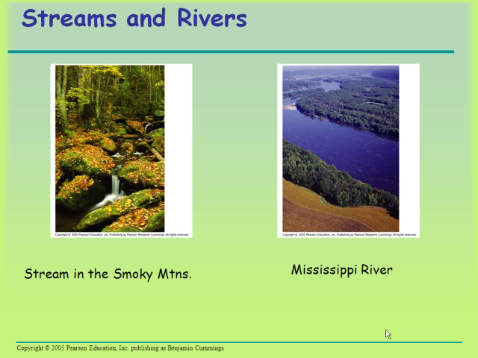Farther downstream, where numerous tributaries may have joined forming a river, such as the Mississippi River, the water is generally warmer, more turbid because of suspended sediment, and streams and rivers are stratified into vertical zones. So this is the Mississippi River far from its headwaters. Here's a headwater stream in the mountains.